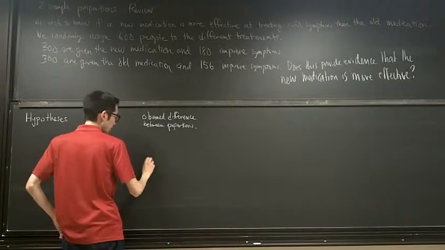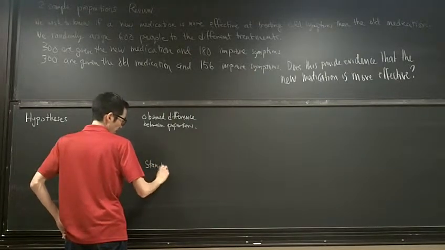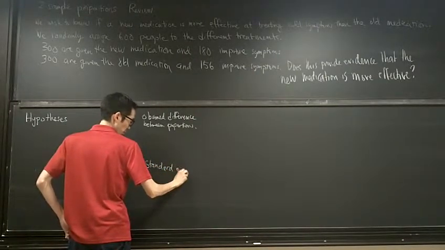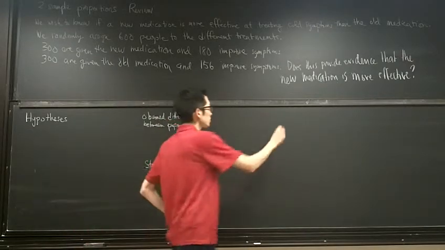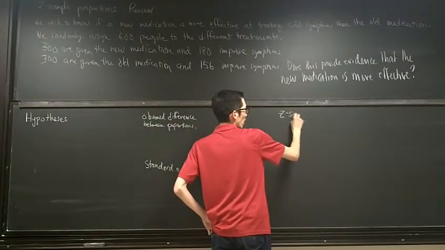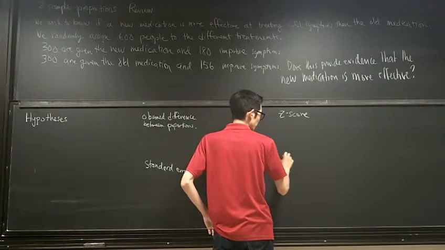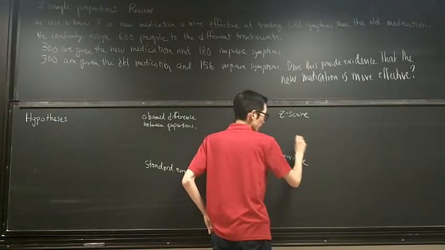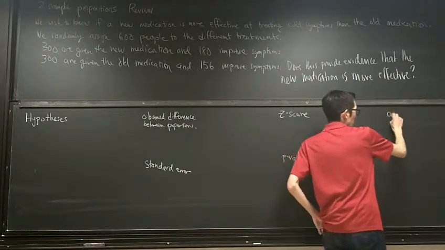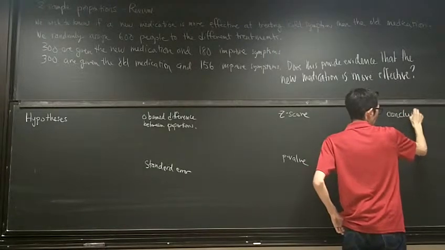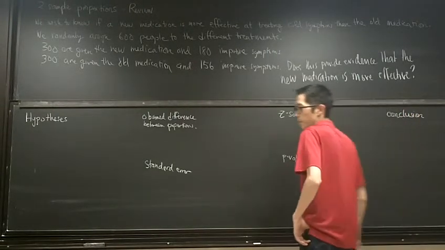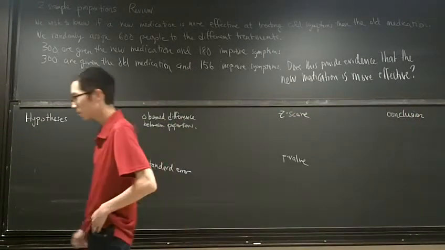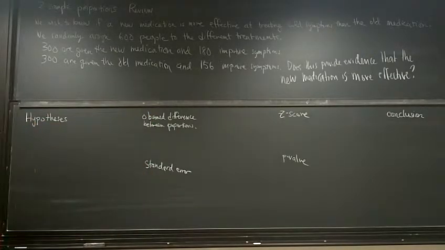Calculate your standard error. Find a z-score. Get your p-value. And make a conclusion. Okay, so this is all review from last week.